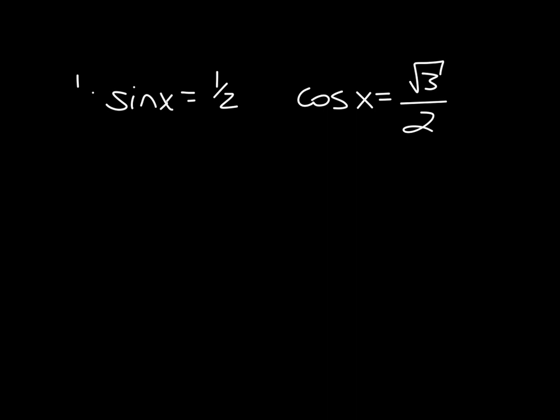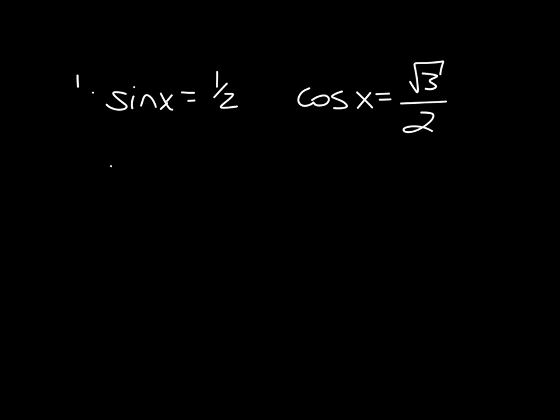So if that's what we're given, and we're trying to come up with tangent, cotangent, secant, and cosecant, what's something we can say right now? Cosecant is just going to be 1 over 1/2. So keep, change, flip, or you can just think of reciprocals.